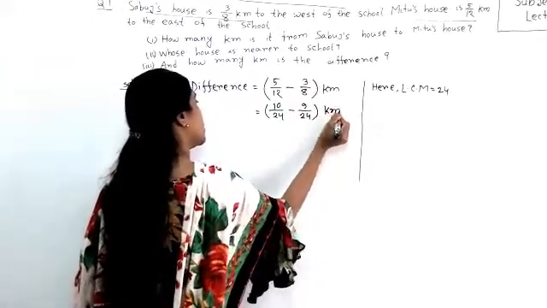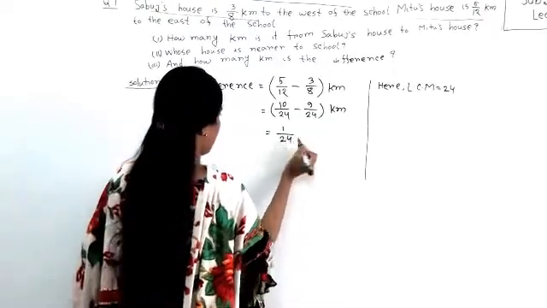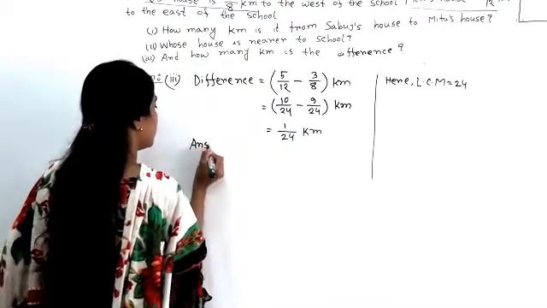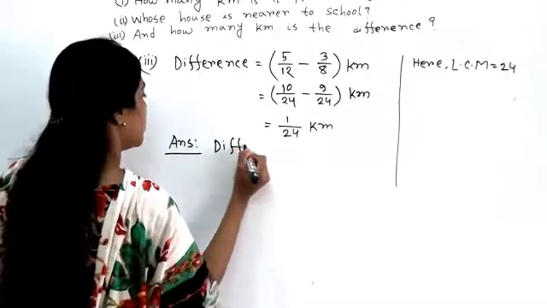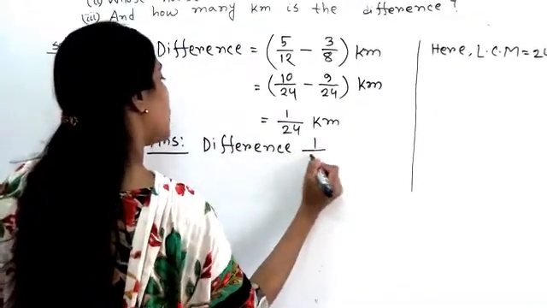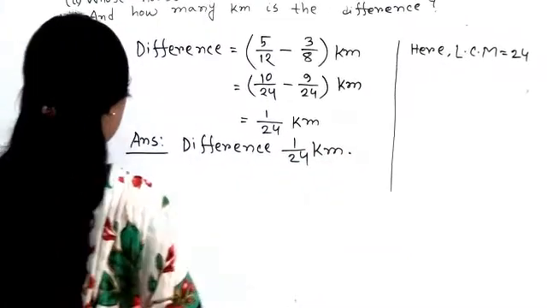Here is kilometer. 10 minus 9, 1 divided by 24 kilometer. Result: the difference is 1 divided by 24 kilometer.